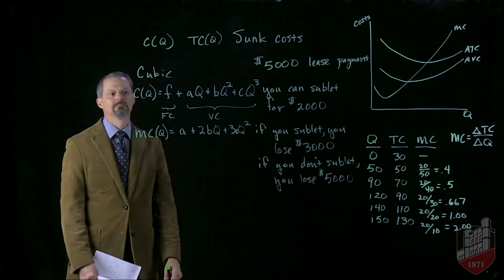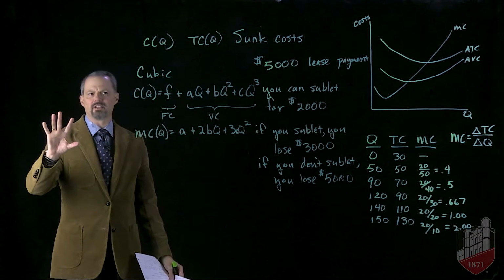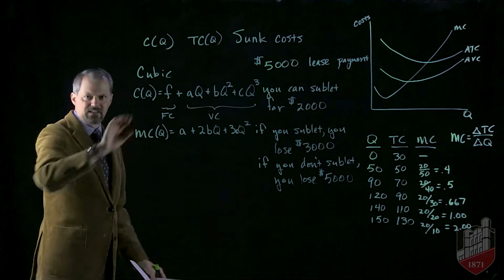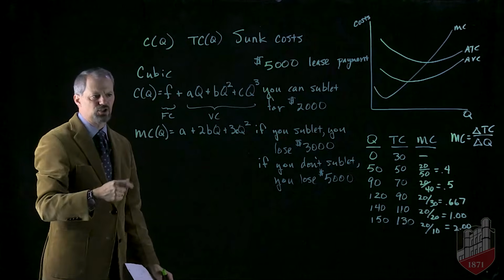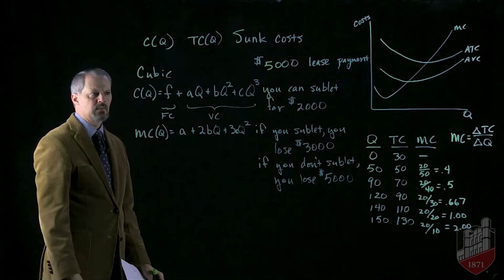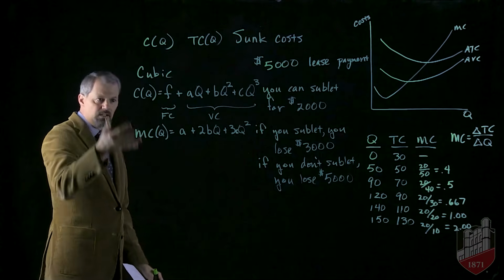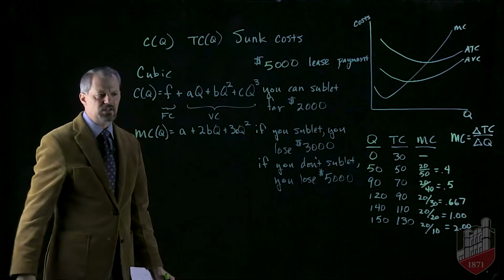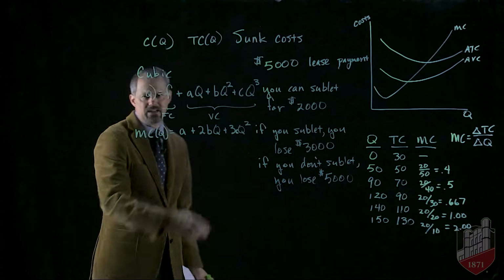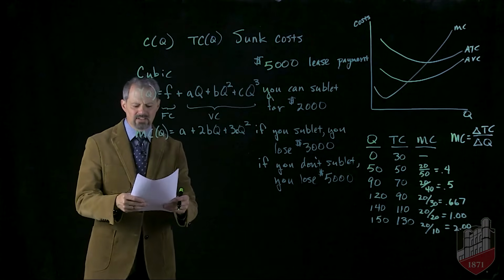If you've had any calculus and you know how to take a derivative, then this makes perfect sense to you. If you take the derivative of this function with respect to Q, you get that. If you don't have any background in calculus, that's fine. If you were to see a cubic cost function, you could easily write the marginal cost function that goes with it. Let me give you an example.